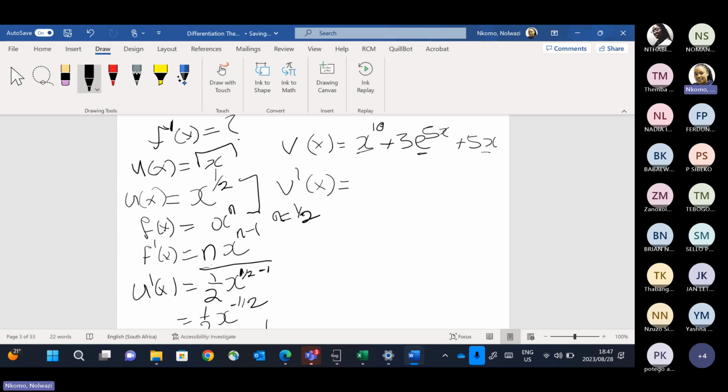If we apply these two rules, we'll have our v prime at x as 10x to the power 9 plus 15 e to the power 5x plus 5. Did we all obtain our v prime like this? Same as this one. Yes, no. Yes.